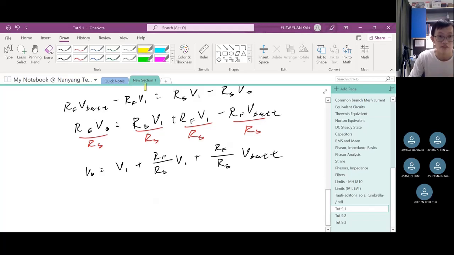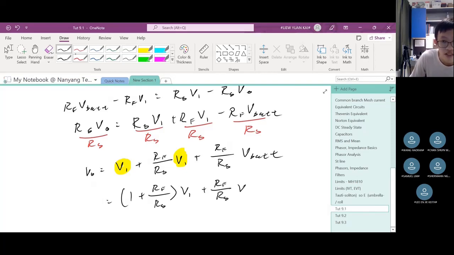Then, you see, both of these have V1, so we can factorize V1 out. Factorizing out, we get 1 plus RF over RS, times V1, plus RF over RS times V bat.